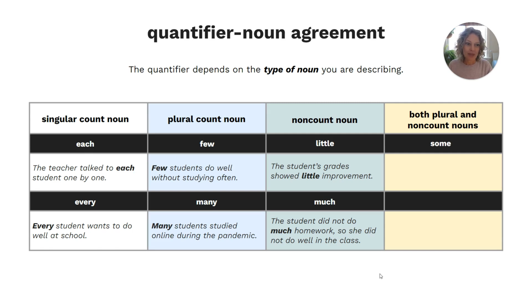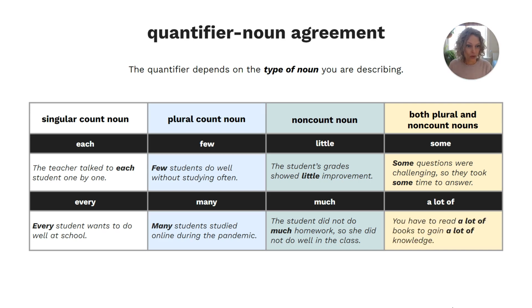Make sure you memorize those because they'll come in handy. So some we can use with both plural and non-count nouns, as in some questions were challenging, so they took some time to answer. Questions is a plural noun and time is a non-count noun, and it just means some quantity in between 0 and 100%. And then a lot of means a large quantity. So you have to read a lot of books to gain a lot of knowledge.